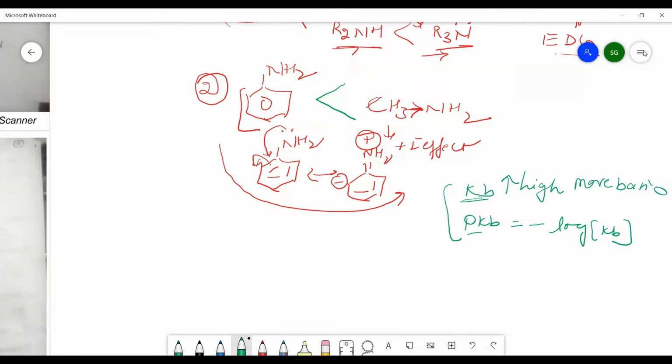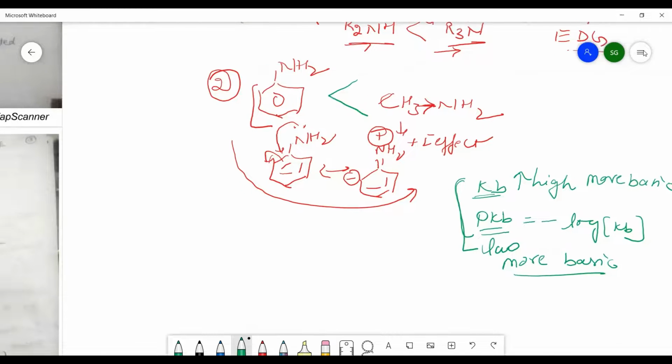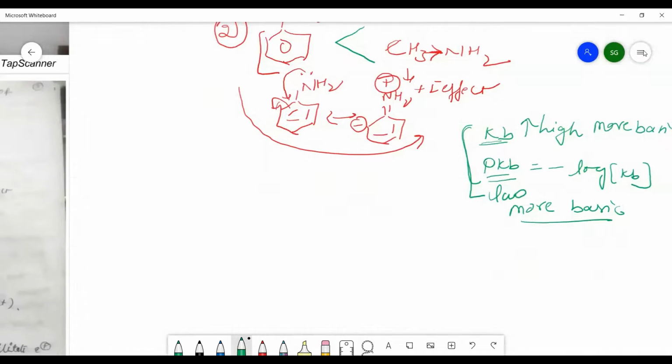And the reverse is true for pKb, that is, as the pKb value is low, the compound is more basic in nature. So these two values must be clear to all of you, how they are related to the basic nature of amines or any base.